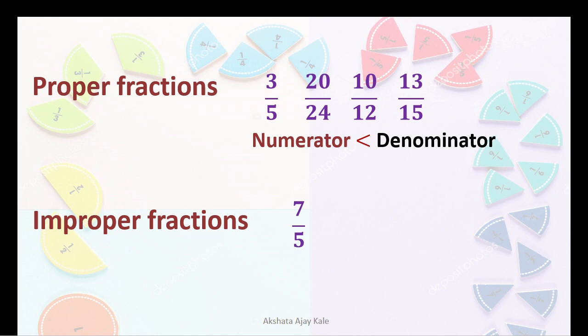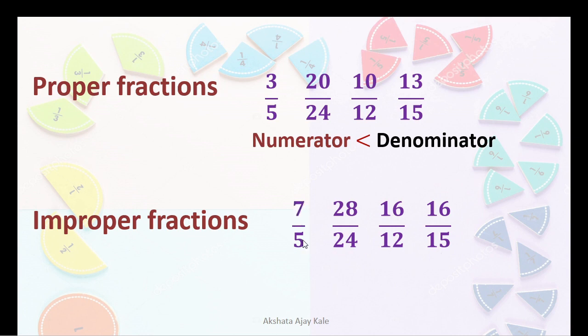7 upon 5, 28 upon 24, 16 upon 12, 16 upon 15. Yes, here you can see that numerators are bigger than denominators.